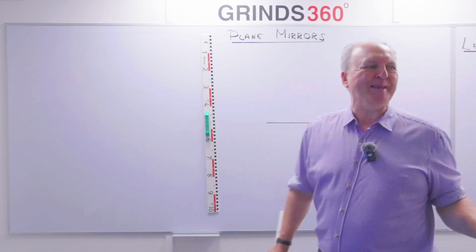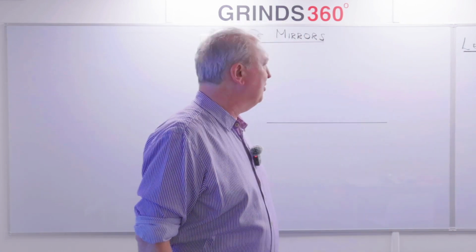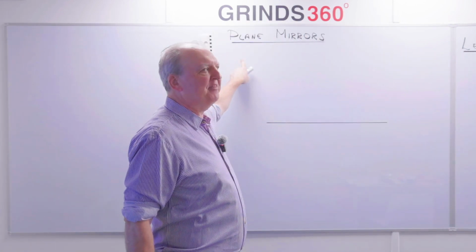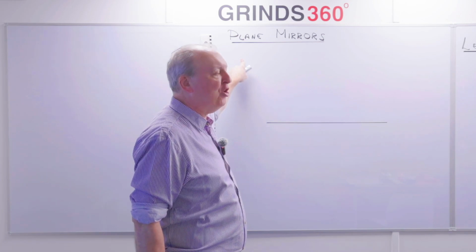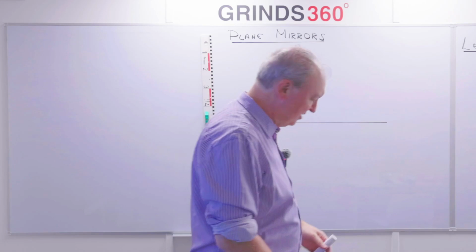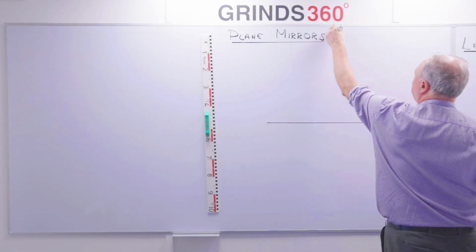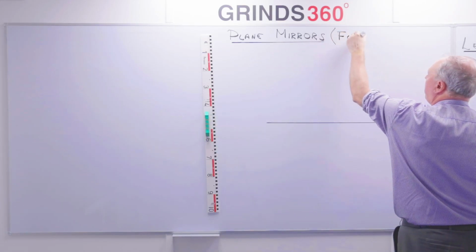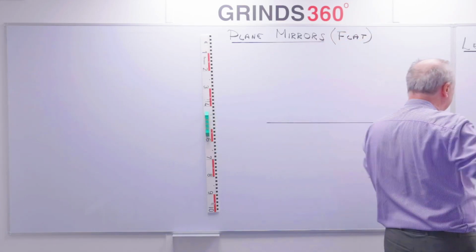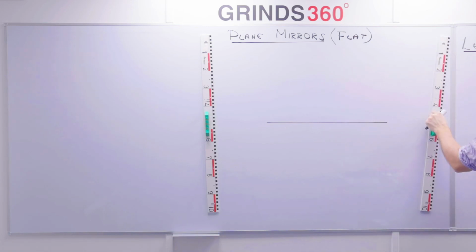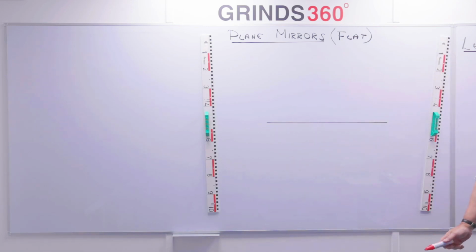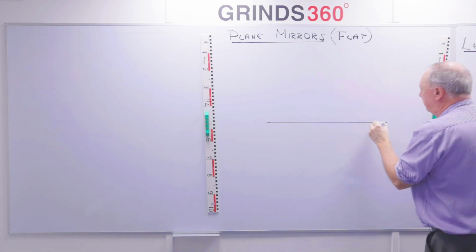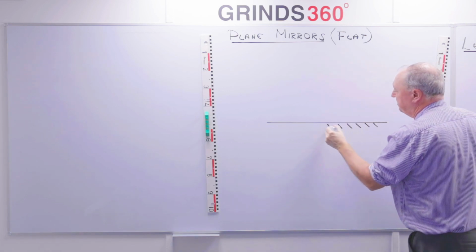Let's talk about plane mirrors. The word plane is going to mean a flat mirror. In the next lesson, we'll be looking at curved mirrors. So we're talking about flat surfaces. So how am I going to represent a mirror? Well, that line there represents the surface of the mirror. I'm going to shade the back of it.